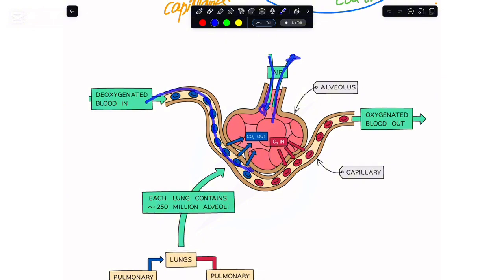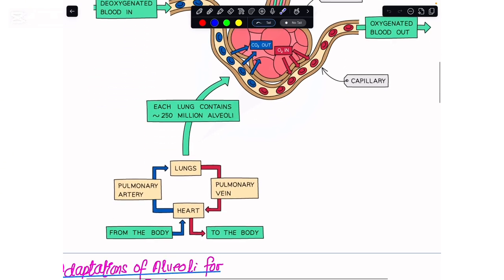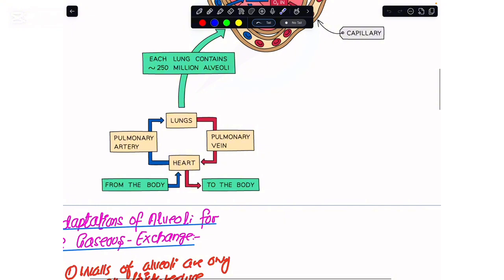Here the deoxygenated blood comes in and the oxygenated blood leaves, and between these structures the gaseous exchange takes place. Once the blood is oxygenated in the lungs, it is taken back to the heart with the help of the pulmonary veins, and then from the heart the aorta emerges and carries the oxygenated blood to the different parts of the body.